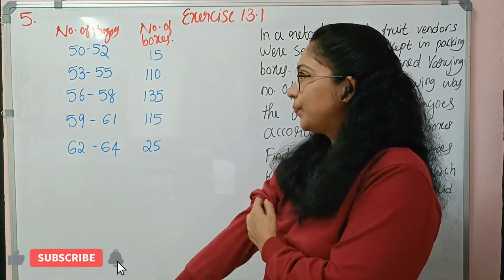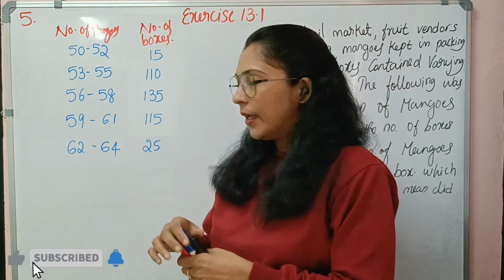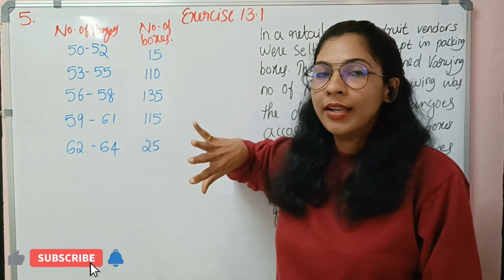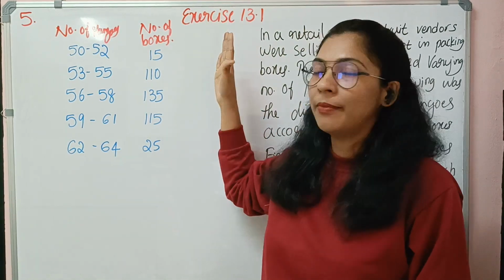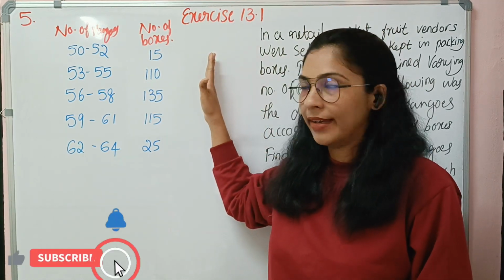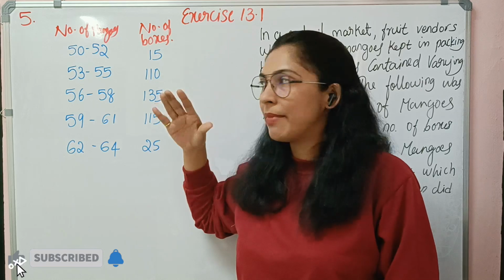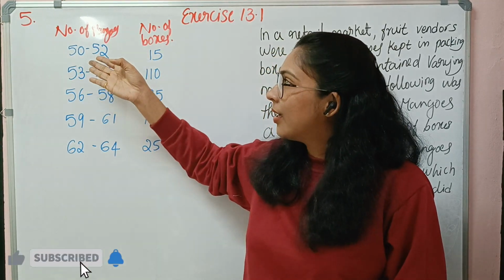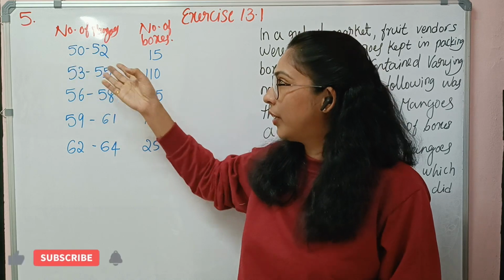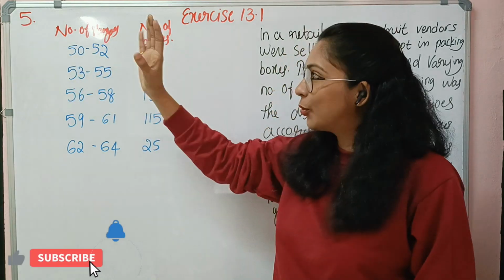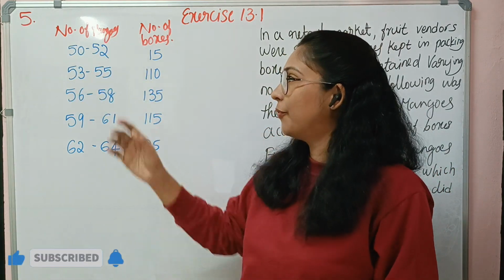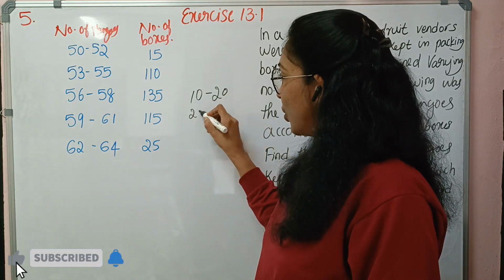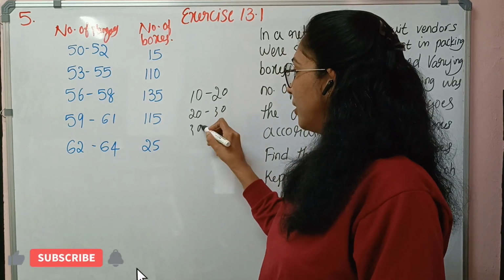See, here in this case, there is a difference. Usually we solve by making another column for finding midpoint xi, then making another column and so on. For this case, listen, the class interval is given as 50 to 52, then 53 to 55. Usually it is like 10 to 20, 20 to 30, 30 to 40.